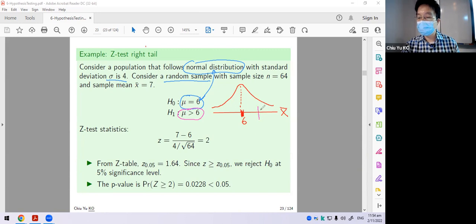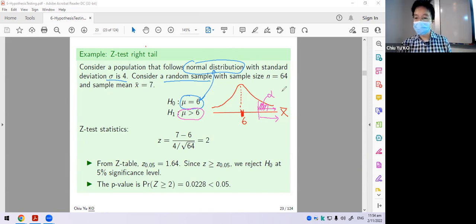If it's more than this, we reject. And what's the exact value depends on your significance level, alpha. The smaller the alpha, the further away from 6.